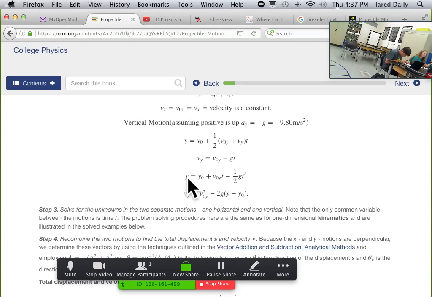It's when it hits the ground. And the initial Y position is the height of the table that they gave you. Sorry, I must have confused you.